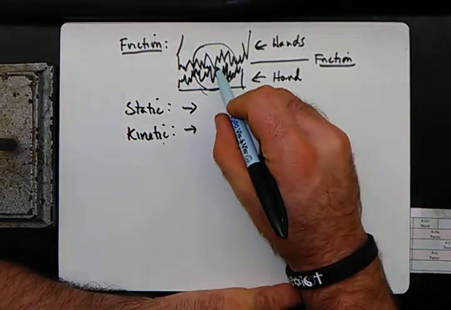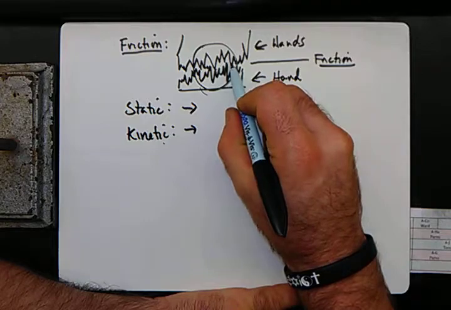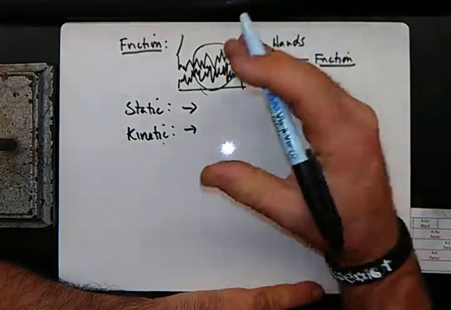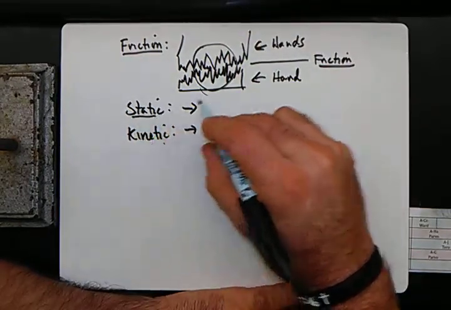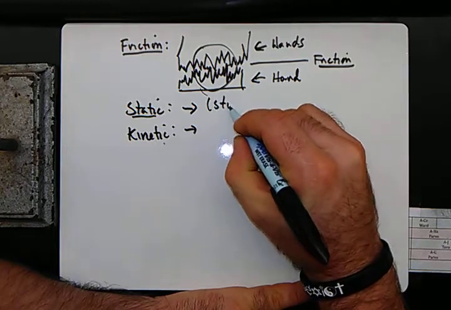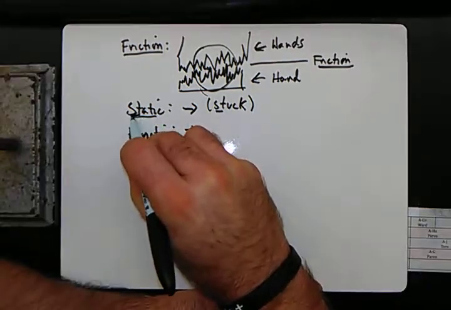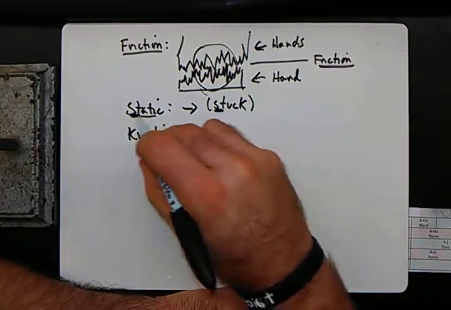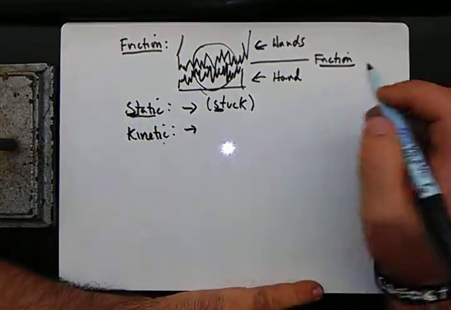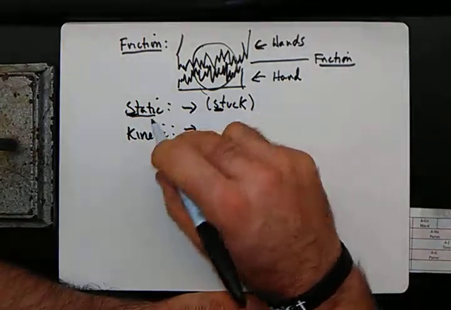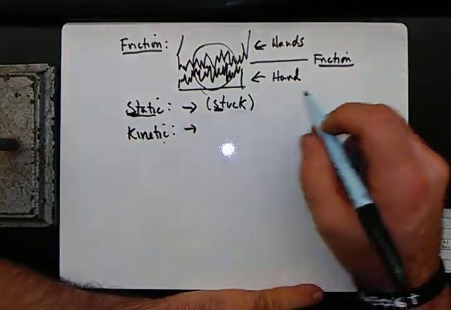Now, with static friction, these little peaks and valleys rest quite nicely in here. They're stuck. Think of static as stuck. You can see the origin of the words looks similar to each other. So static, stuck.